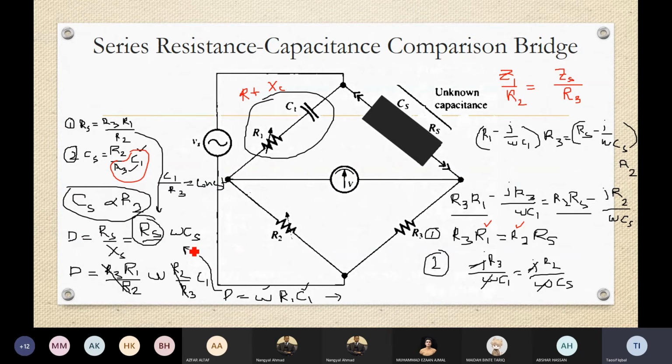So then we can put the relationship of Rs into this, and then we have R3 multiplied by R1 divided by R2 put into the dissipation factor formula instead of Rs. And similarly for Cs, we also have a formula.